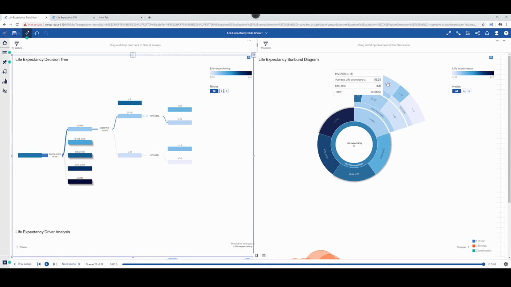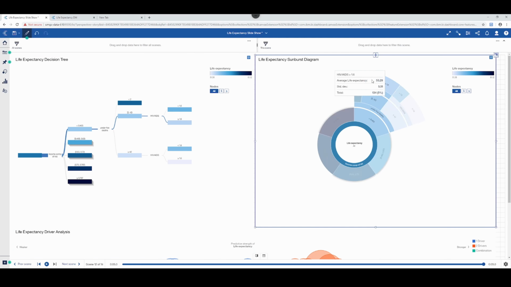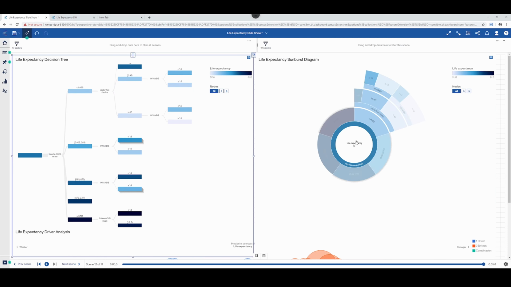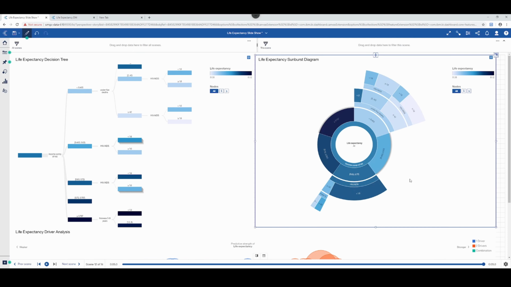And the same for these ranges here. So that's how a user can analyze or take advantage of these diagrams.